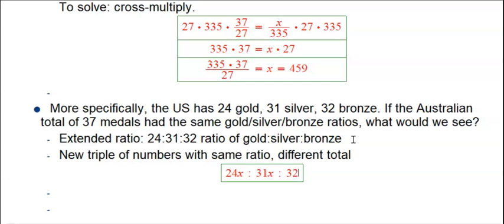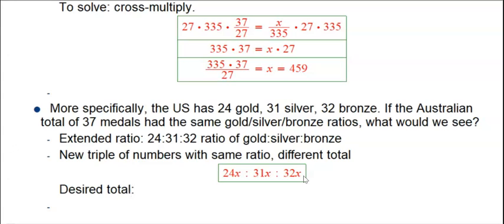We're going to observe that to create other triples of numbers with the same relative ratios, we're going to take some unknown x that we're going to figure out in a minute, and scale up the 24 by x and the 31 by x and the 32 by x, or we might be scaling down if x is a small number. And any triple of numbers, 24x and 31x and 32x, will have the same relative sizes because I've scaled them by the same x, but they'll have a different total. Okay.